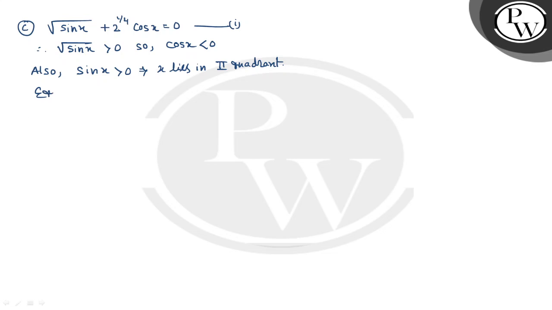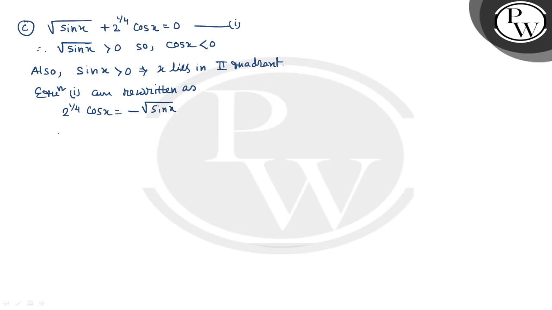So equation 1 can be rewritten as 2 to the power 1 by 4 cos x is equal to minus root 2 of sin x.